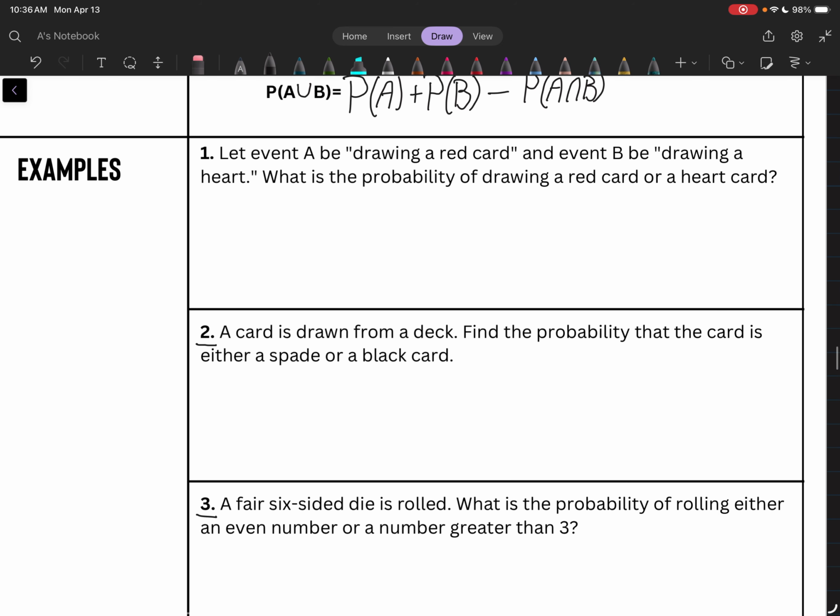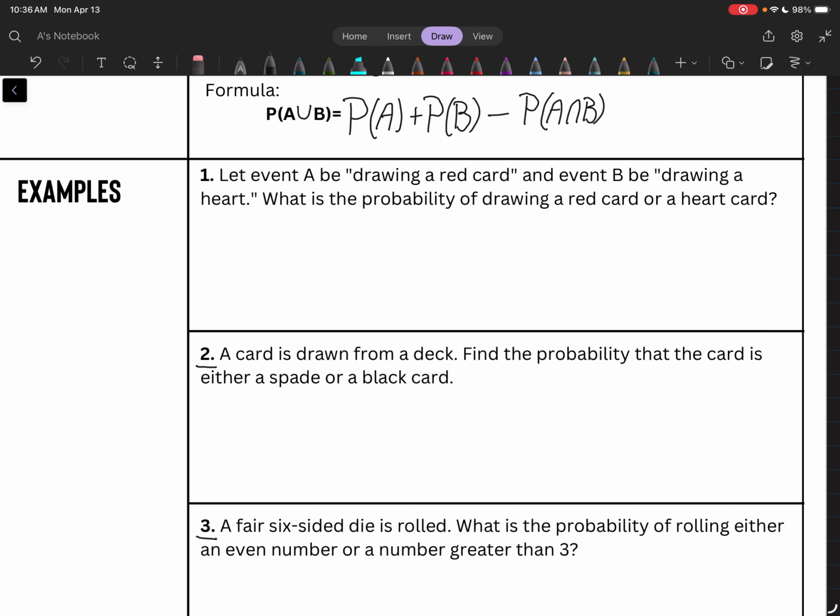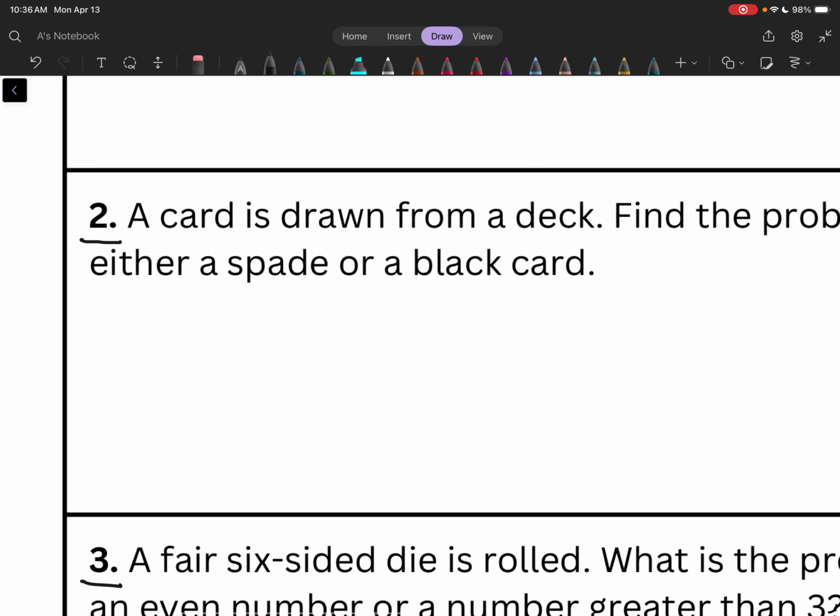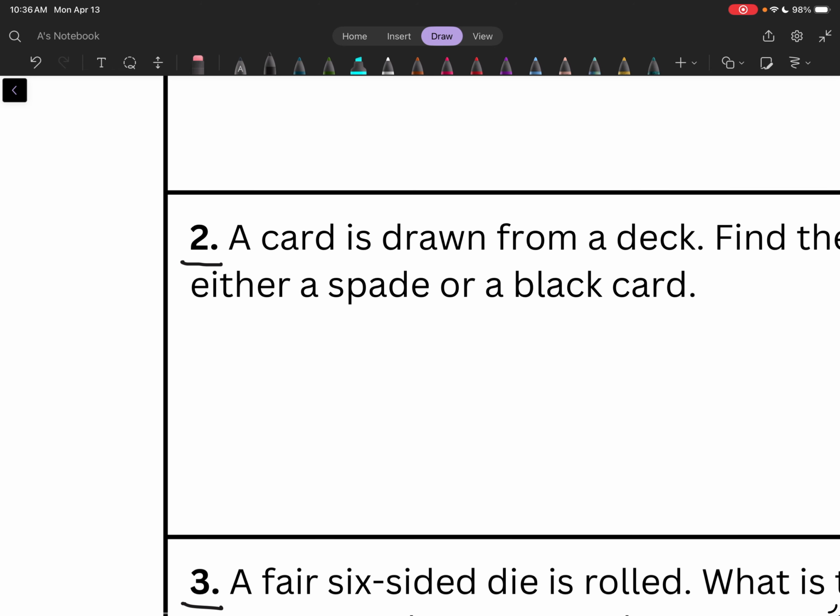So, let's look at number 2. A card is drawn from a deck. Find the probability that the card is either a spade or black. All right, you need to know about a deck of cards. In a deck of cards, you have spades, you have clubs, you have diamonds, and you have hearts.